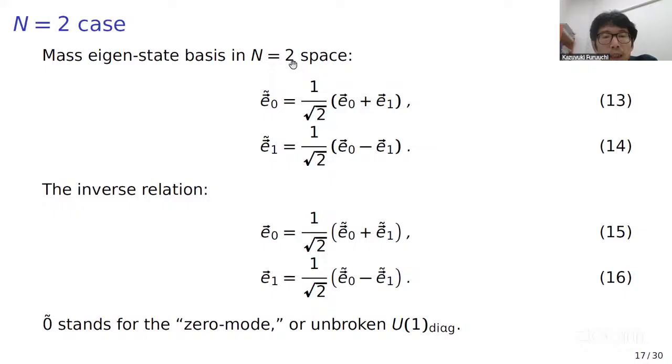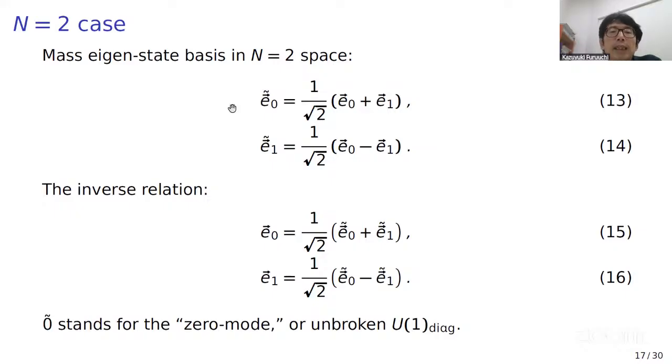In this two-dimensional space of U1 gauge groups, J from 0 to 1, you can associate one unit vector to each U1, U1 0 and U1 1.